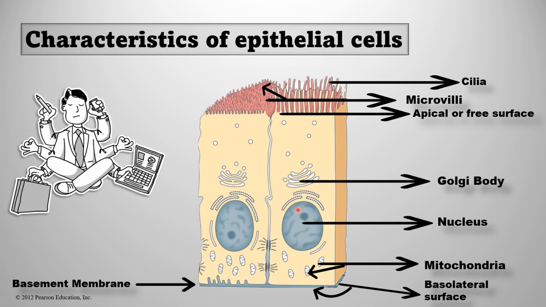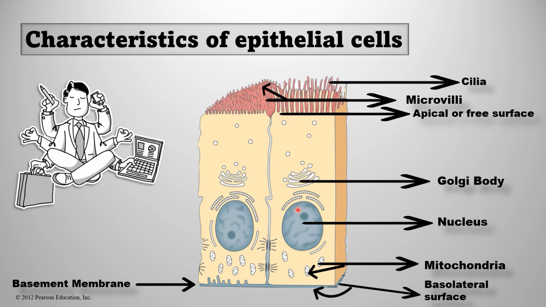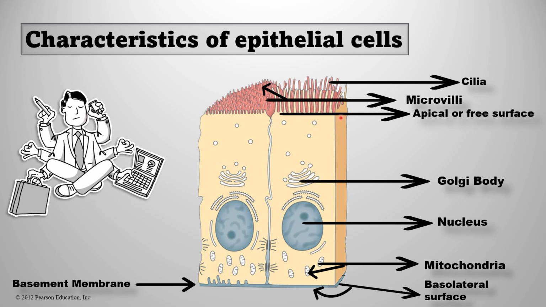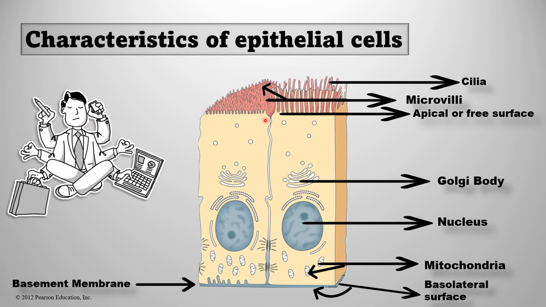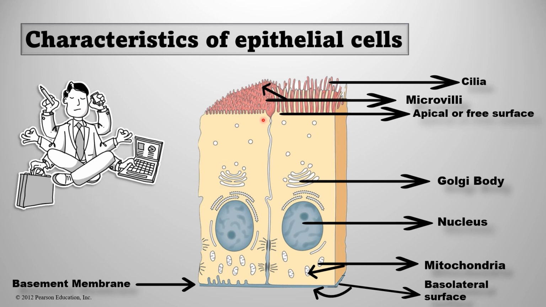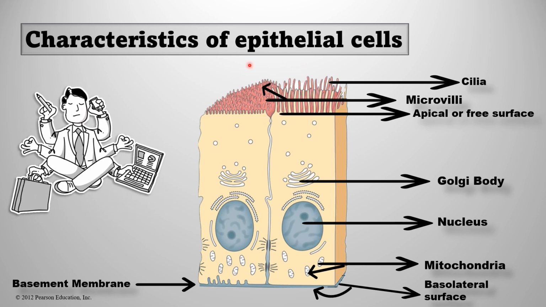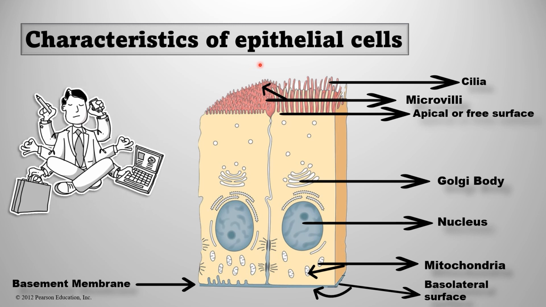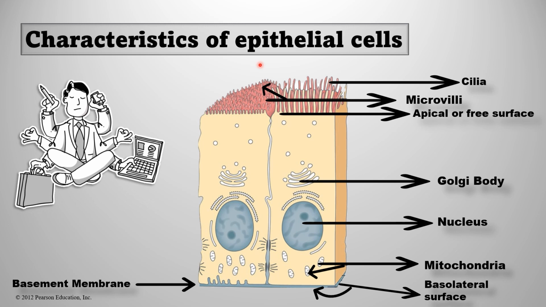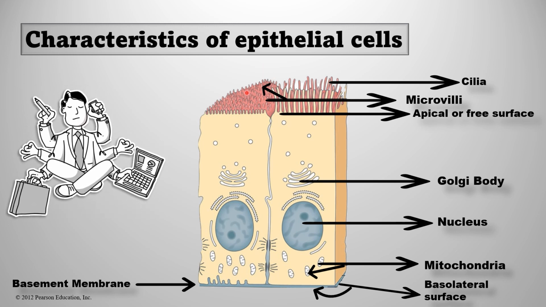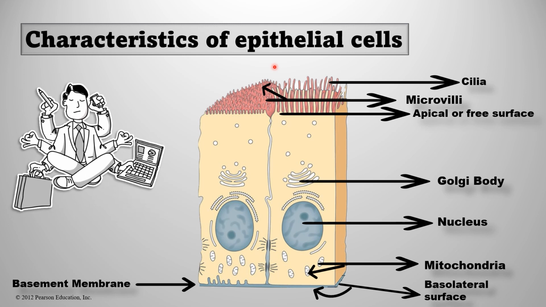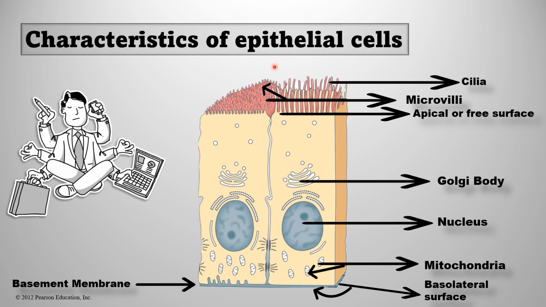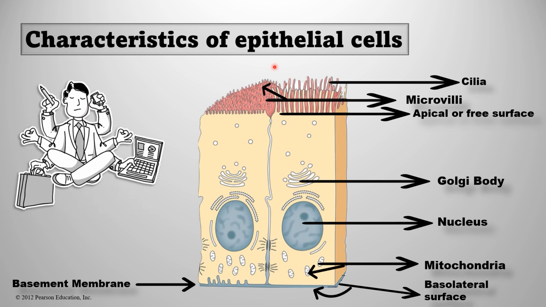So any epithelial cell has an apical surface. So this is the apical surface of the epithelial cell that faces the upper surface. So here in this place we are going to see the free surface, where this surface, the free surface, always faces either the cavity, a lumen, or an outside surface like the skin.